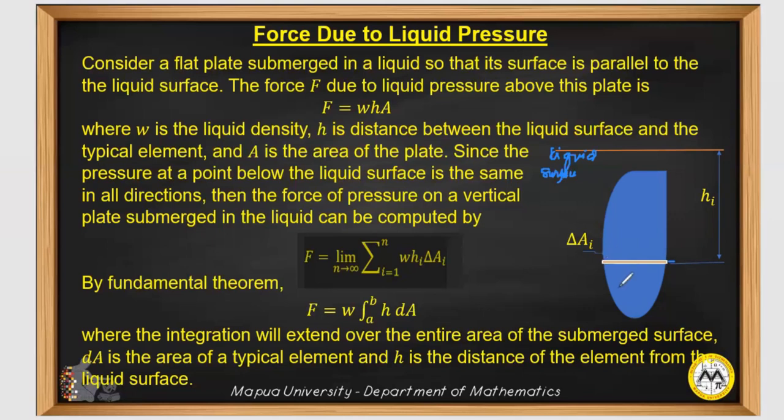And if we get the summation of the forces of the infinitely many rectangles on this vertical plate, then that will give us the force due to liquid pressure on this vertical plate.